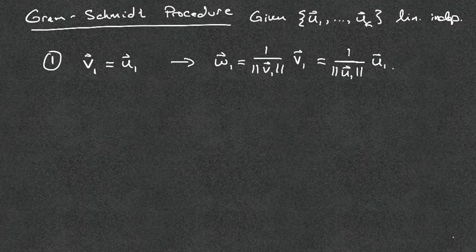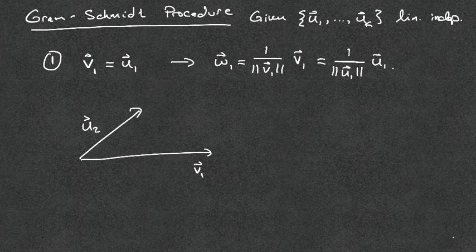Now for our next step, we basically have this kind of picture. We've got our u2, and then we've got our v1 that's heading off in this direction. So what we want is to take the orthogonal component from our vector projection of u2 onto v1.